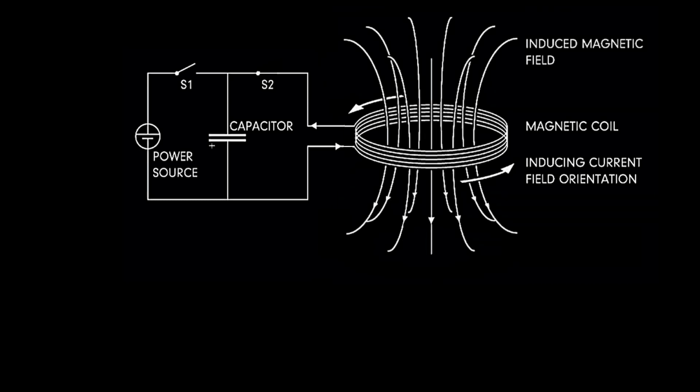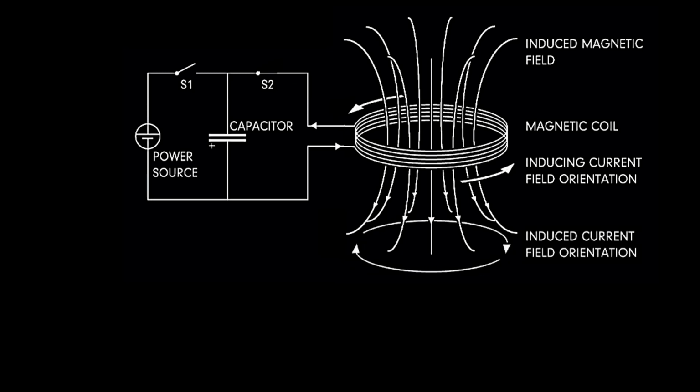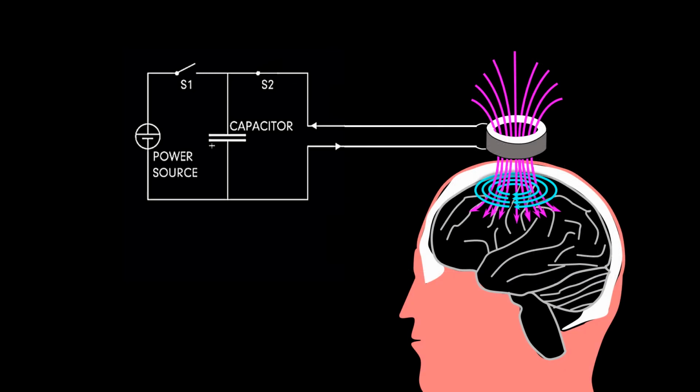The inducing current leads to the creation of a magnetic field, which then produces another electrical current in the opposite direction as the one that produced the magnetic field to begin with. Then this current produces an electric field, and it is this electric field that activates the brain cells.